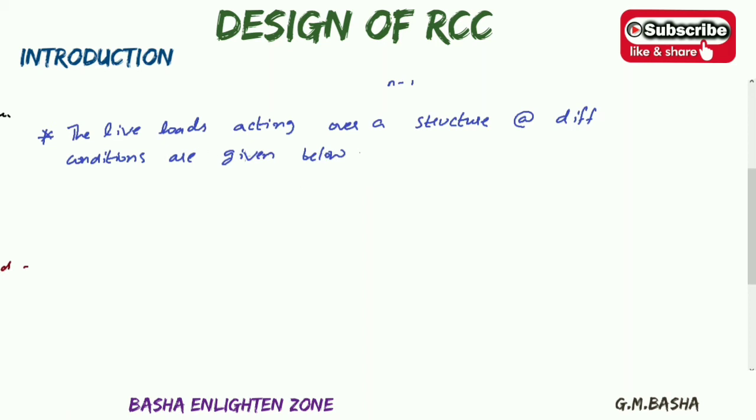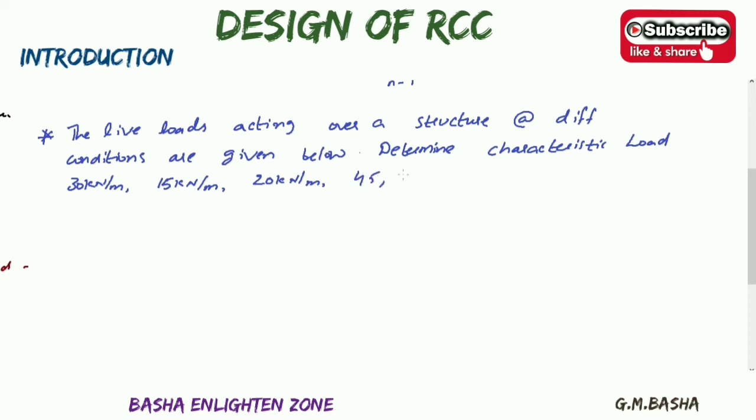Here what they are asking, determine characteristic load. And what are the values given here? 30 kilonewton per meter, 15 kilonewton per meter, 20 kilonewton per meter, 45 kilonewton per meter and 50 kilonewton per meter.